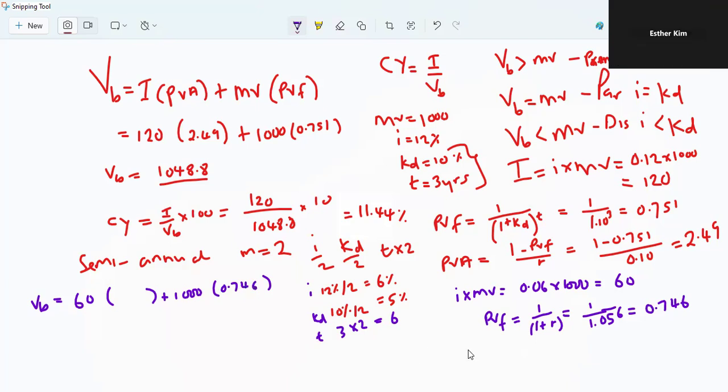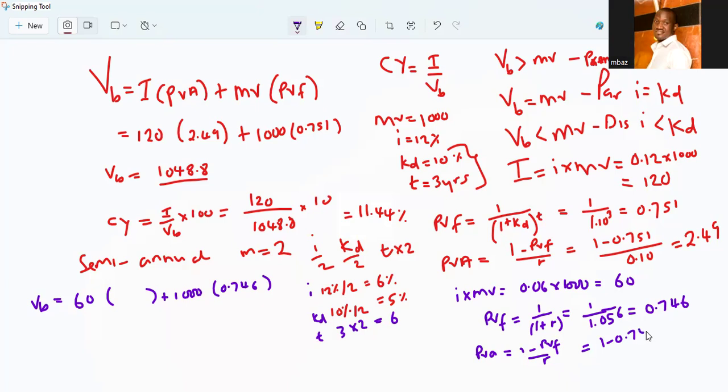One minus present factor over R. Yes, 1 minus present factor over R. So what we have here, 1 minus 0.746 over our R, which is what? 0.05. What do we get?